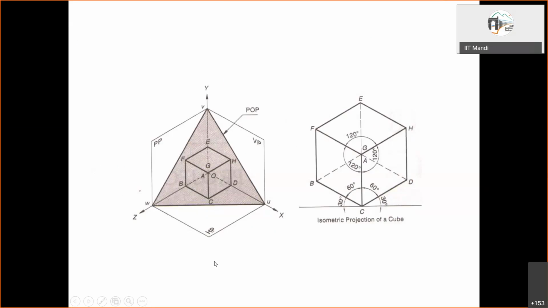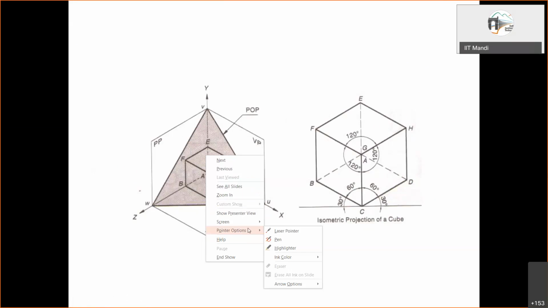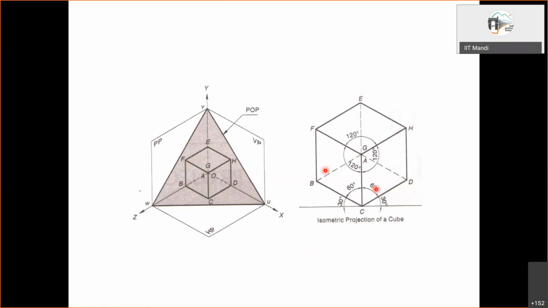Okay, so let's proceed further. So what I was saying is that this pointer option I'll have to change. That all these three faces are, what do you call? I think some people are not able to join.